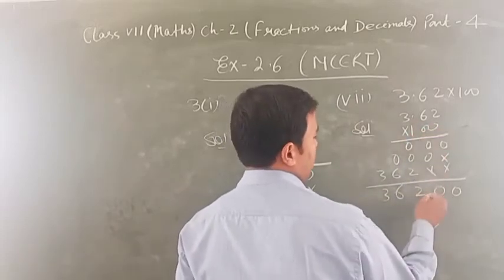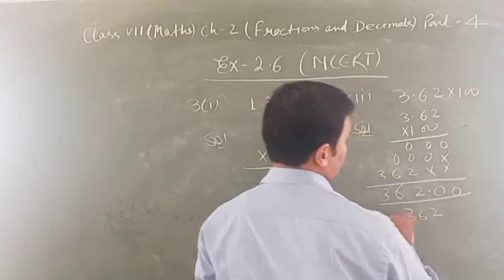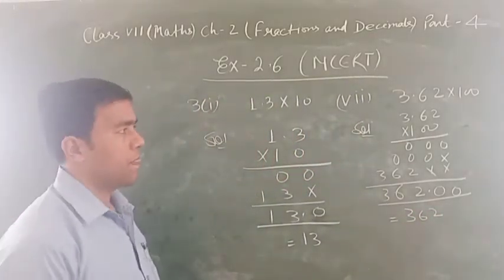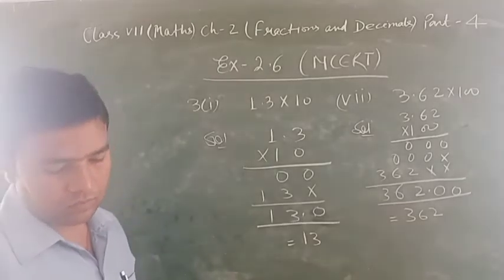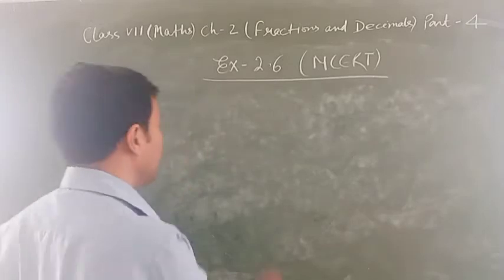After point 2 numbers means 362. 362 is the answer. Clear? Note down. Next question. Question number 4.